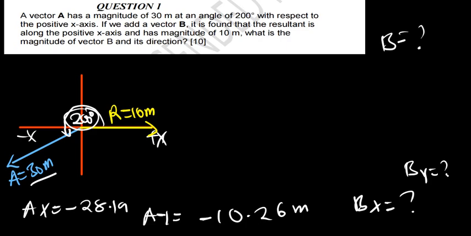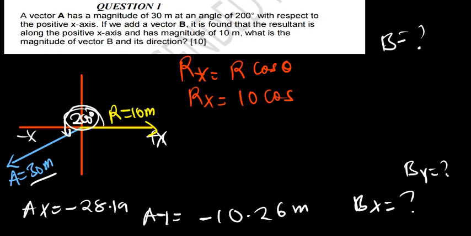So the resultant, guys, is R. The Rx will be the vector R cos theta, meaning my Rx will be 10 cos of the angle. What is the angle? As long as you have been told that the vector is moving toward the positive x-axis, or toward the east, the angle is always 0 degrees.